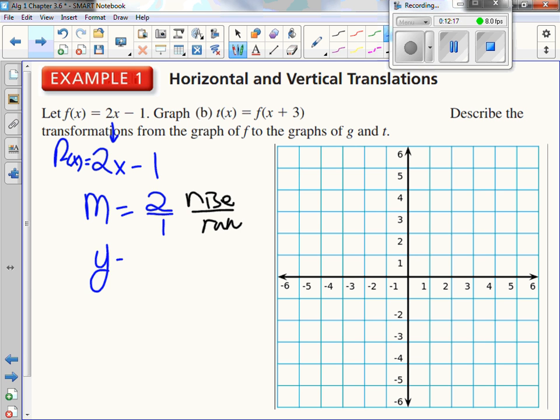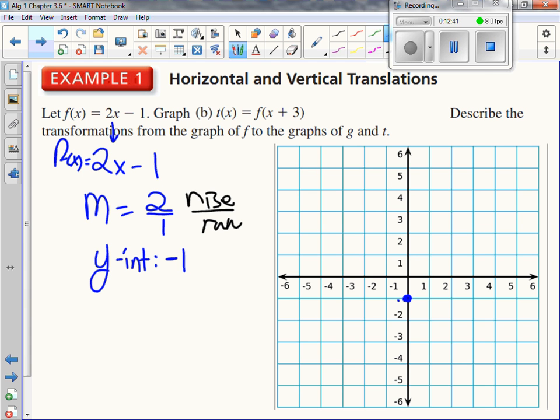Now, what is the y-intercept? Where does it cross the y-axis? At -1, because our b is that -1. That -1 matches up with the value of b. So at the y-intercept, we would go down to -1. And our slope would be 2.